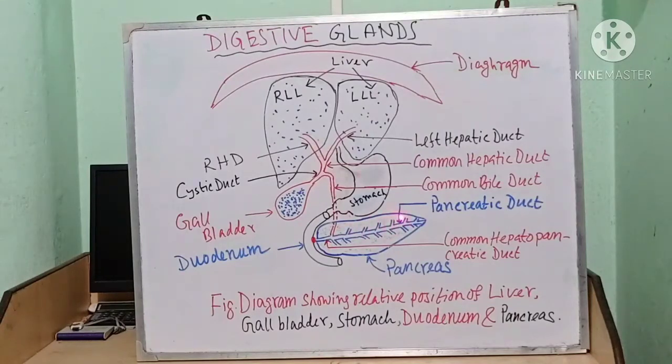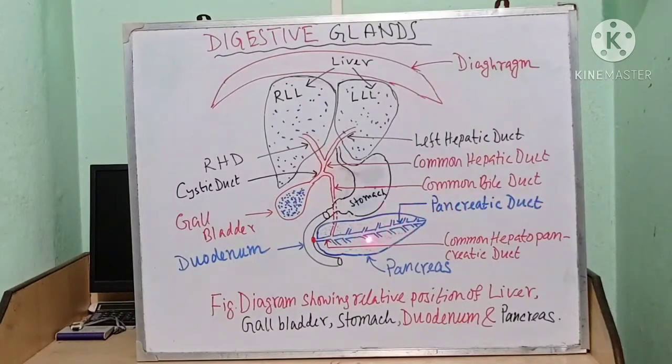Pancreatic juice, that is digestive juice, enters into the pancreatic duct, and this pancreatic duct unites with the common bile duct. This is the common bile duct and this is the pancreatic duct.